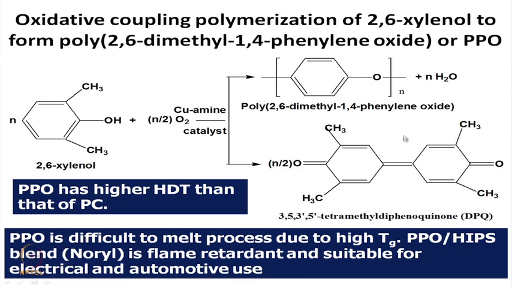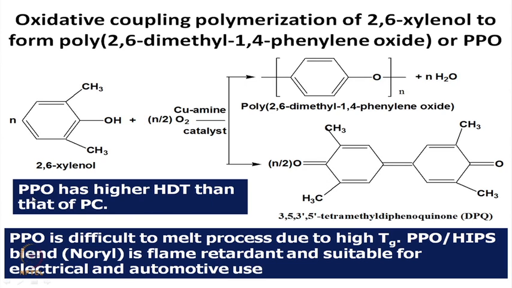While this polymer is formed, polyphenylene oxide PPO is produced along with some byproduct, 3',5'-tetramethyl diphenoquinone, DPQ. This tetramethyl diphenoquinone is formed as a byproduct along with the main PPO. It should be removed, or the product should be purified by removing this DPQ from the main product.